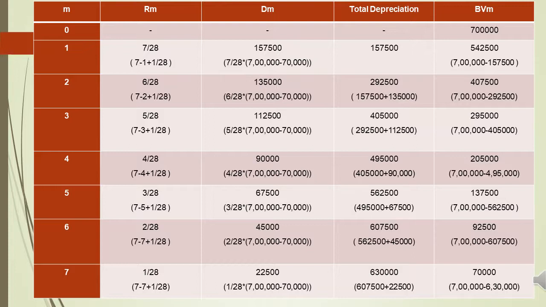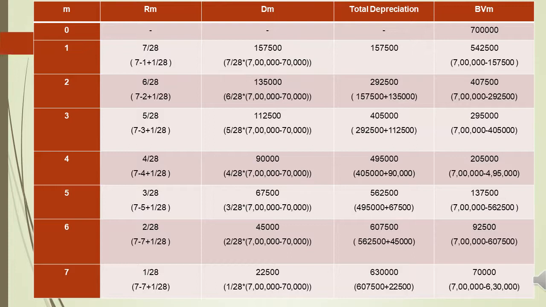So that will be 2 by 28 into 7 lakhs minus 70,000. Finally, I am going to calculate DM for the seventh year, that is 1 by 28 into 7 lakhs minus 70,000. So now my DM value for all 7 years is completed.